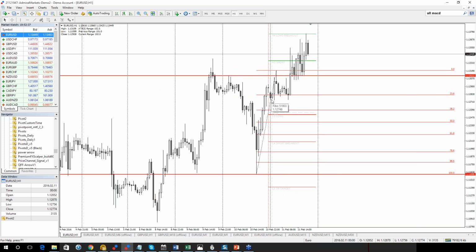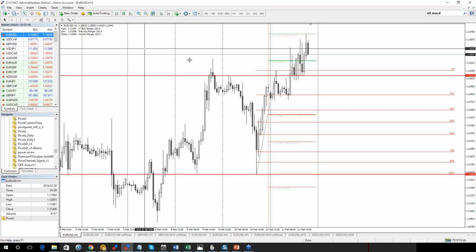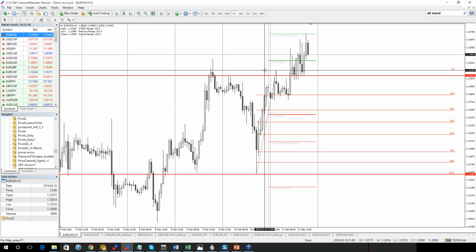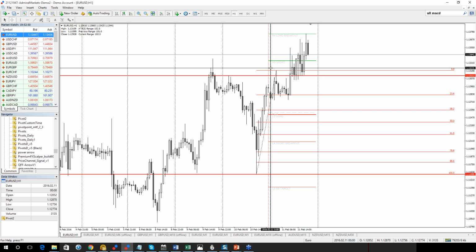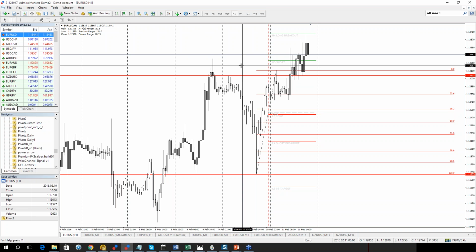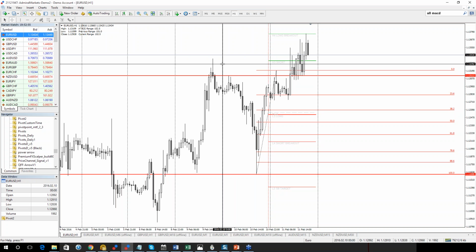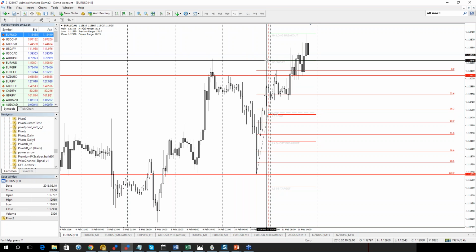Okay, now what you should do is the price is getting close to previous quadrant's high, which is swing high for this period. And when you look at this quadrant, it's actually, see the time, full day, okay, full day, 0, 0, always midnight. So previous quadrant high, previous quadrant low.